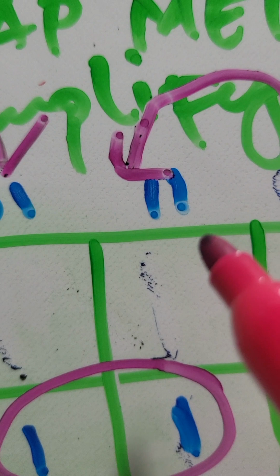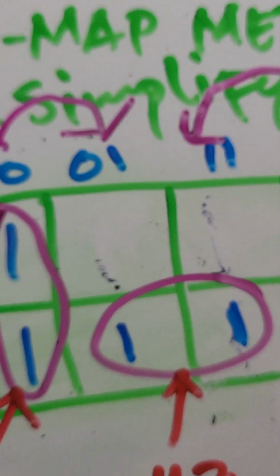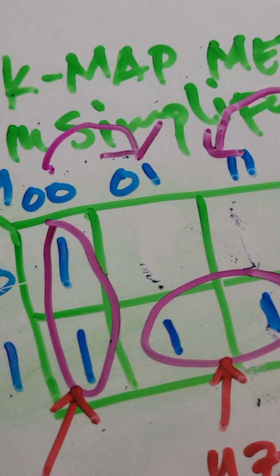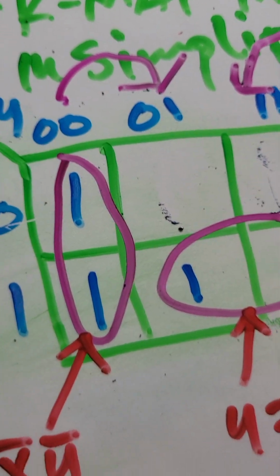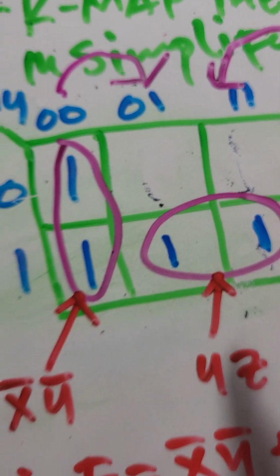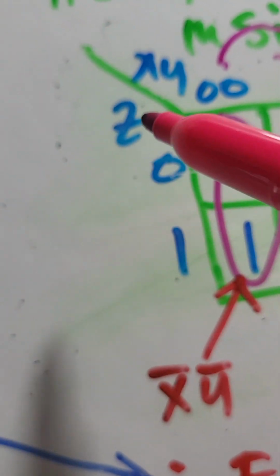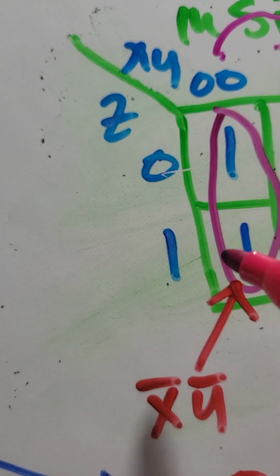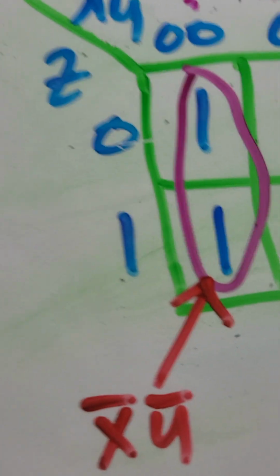Okay, so that's how you arrange these inputs on the top of your map. The other side is at the bottom, z, 0 and 1, only two combinations of inputs.